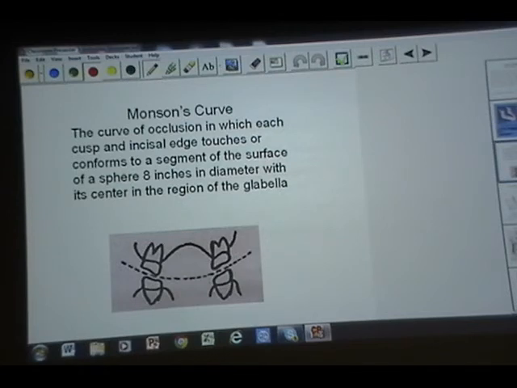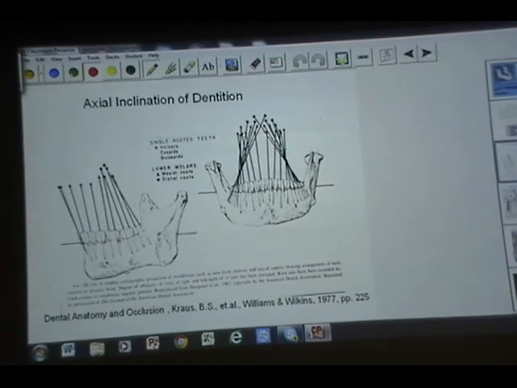If you look at the teeth, we'll stop after this. If you look at the teeth, okay, here's the mandible, and if you go through the long axis of each mandibular tooth root, you'll see that not only do they have more of a posterior to anterior tilt, but they also have a lateral to medial tilt, where the forces are actually being generated through the roof of the mouth, through the maxilla.